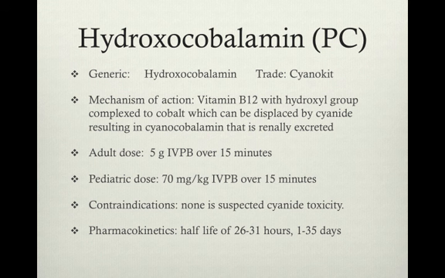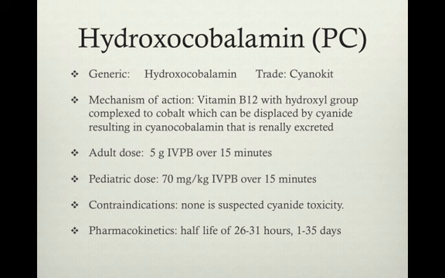Can be given intranasally at 2 milligrams as well. Pediatric dose less than 5 years is 0.1 milligram IV, ET, IM, or sub-Q, and may be repeated every 2 to 3 minutes as necessary. Pediatric greater than 5 years, 2 milligrams IV, ET, IM, or sub-Q. Sub-Q would be a slower route.